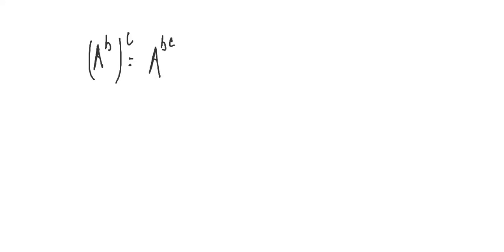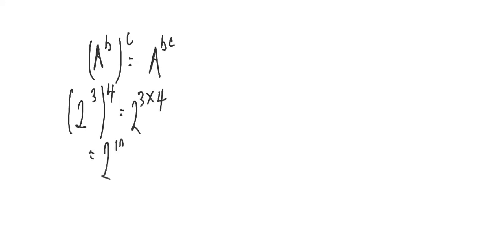So when we have a power raised to another power, the two powers multiply. If we have 2 raised to power 3, in bracket, raised to power 4, for instance, this becomes 2 raised to power 3 times 4, and it will equal 2 raised to power 12.